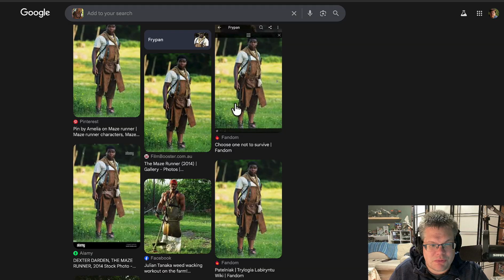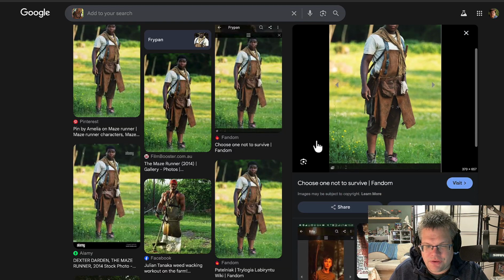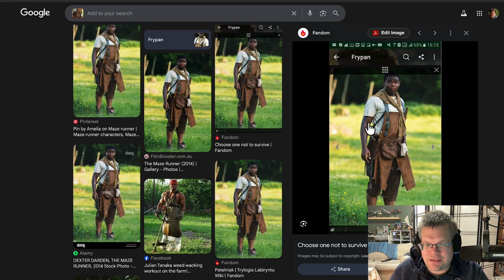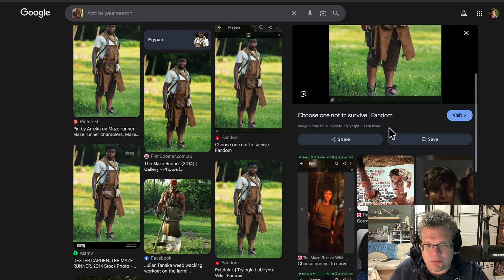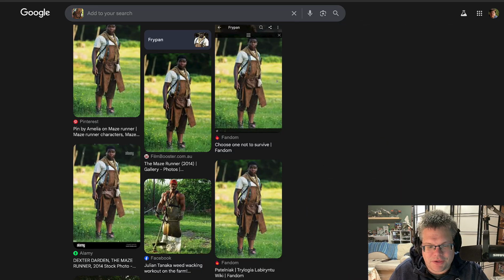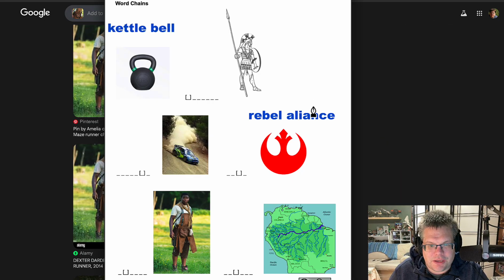But maybe this fandom wiki page is enough. This seems to indicate that this character is named Frypan. Depending on what I'm doing, I might need to do more research, maybe if the actor is important or the property it's from might be significant. But for now, I am going to write down Frypan over here as my possible meaning for this image.